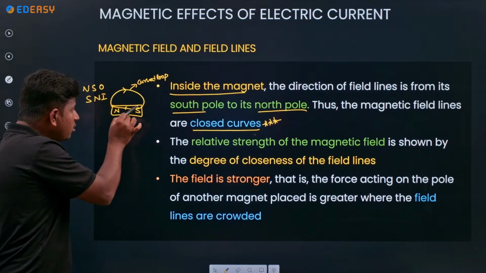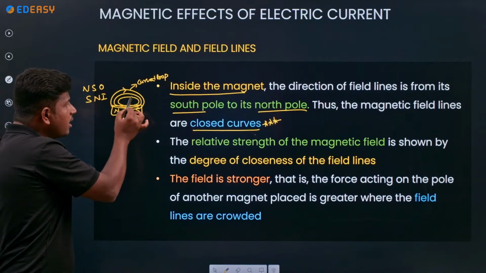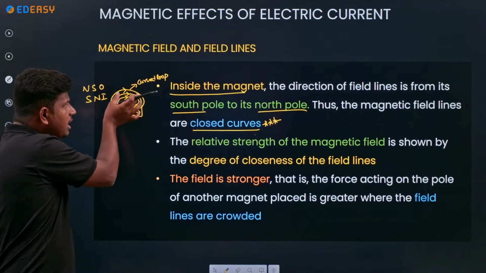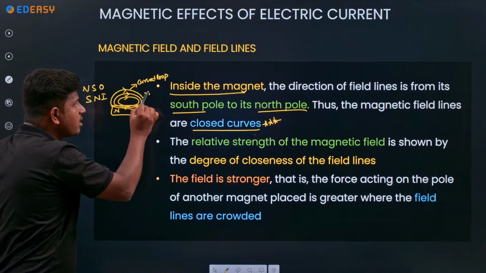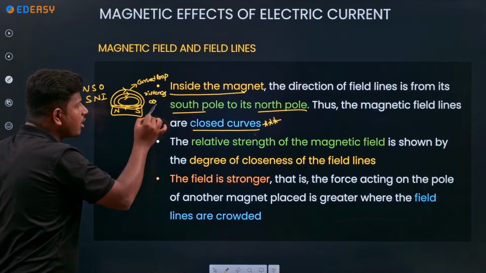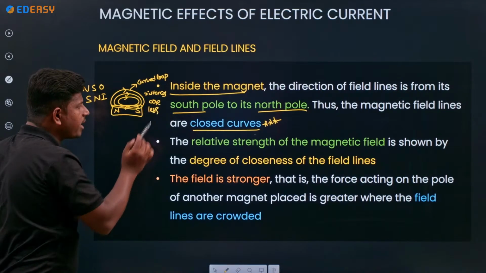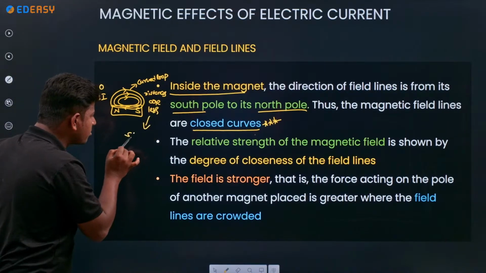If the number of loops are like this, between one field line and another field line the distance is very less, which means the distance between the magnetic field lines is less, then the strength will be maximum.